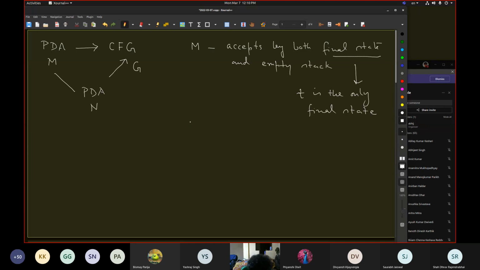N, on the other hand, has only one state. And therefore, there is no question of acceptance by final state. So this accepts by empty stack.